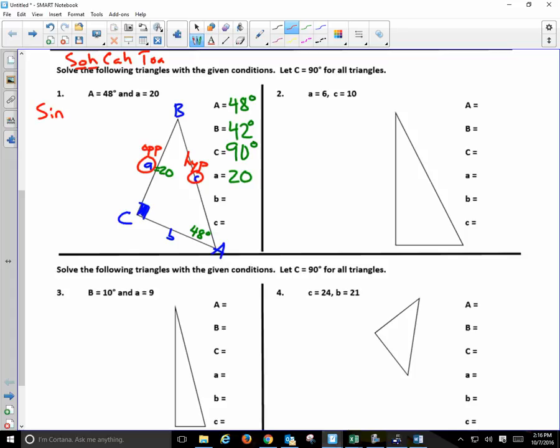Sine of 48 degrees is equal to what over what? 20 over C. To cross multiply, 20 times 1 is 20, C times the sine of 48. I want to solve for C. I divide both sides by the sine of 48. 20 over the sine of 48 is equal to C.